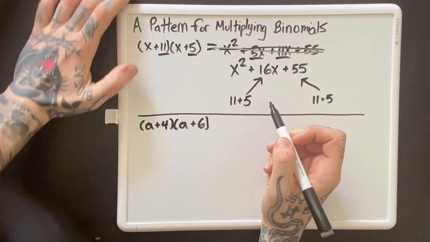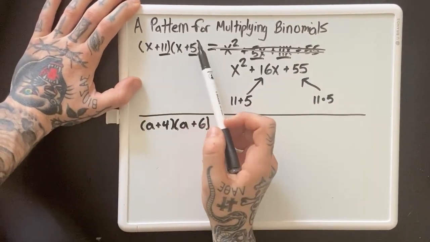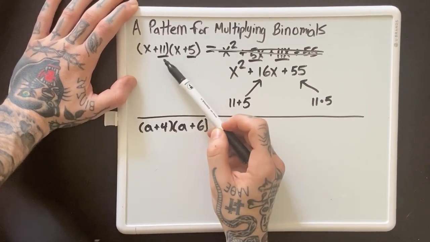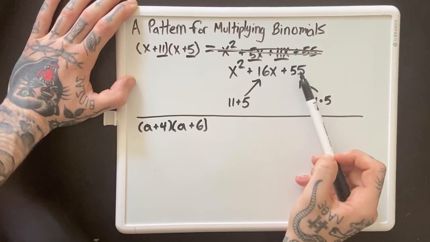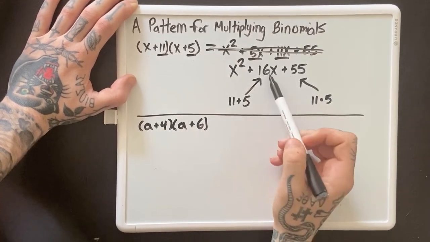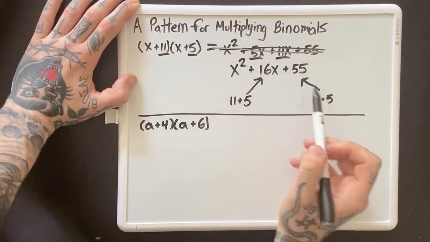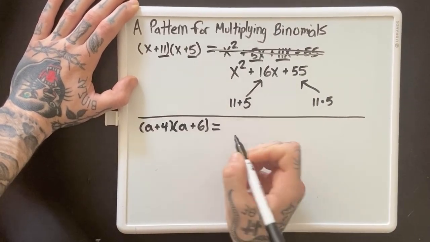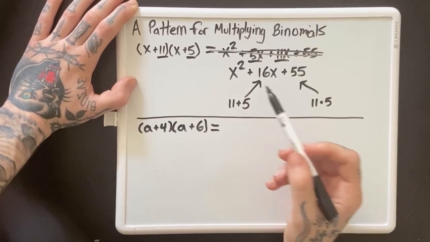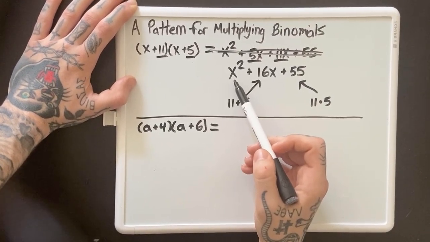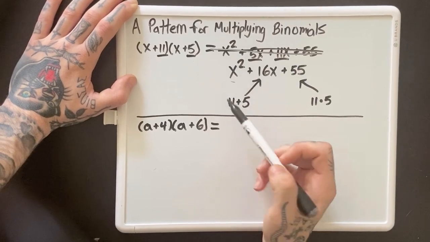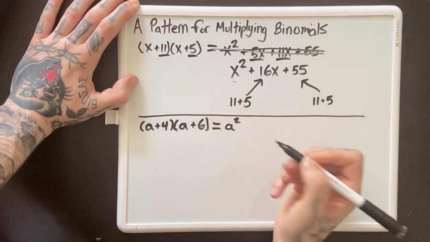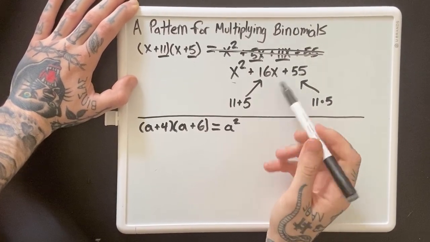We observed that in this binomial pair, these two numbers helped us determine this number and this number, this number through addition and this number through multiplication. So we're going to try that here. We got this x squared through the F in our FOIL, so we're just going to get an a squared there. But now we're really just concerned with these two.